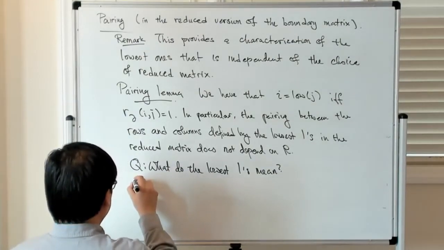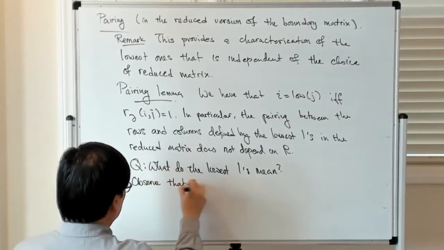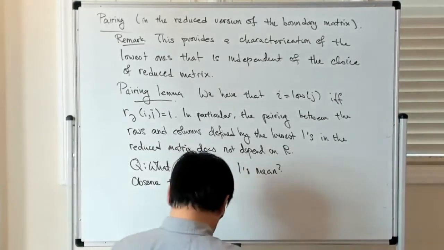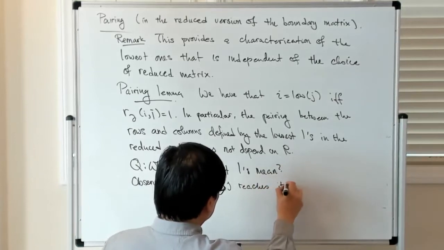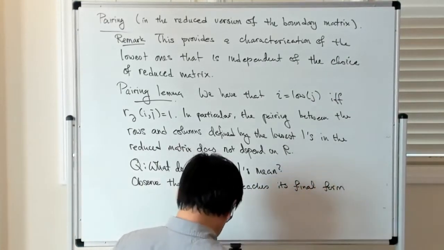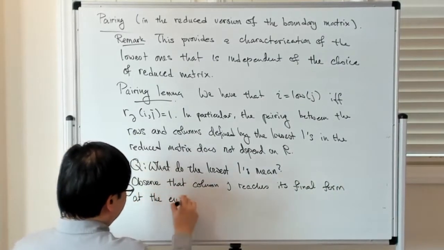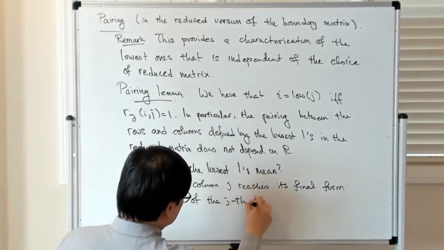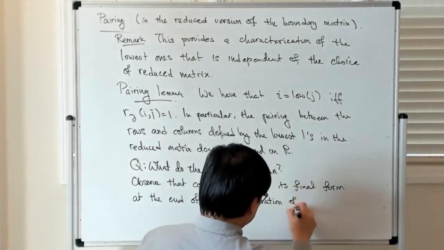Okay, so you observe that column J reaches its final form right at the end of the Jth iteration of the outer loop of the algorithm, right?